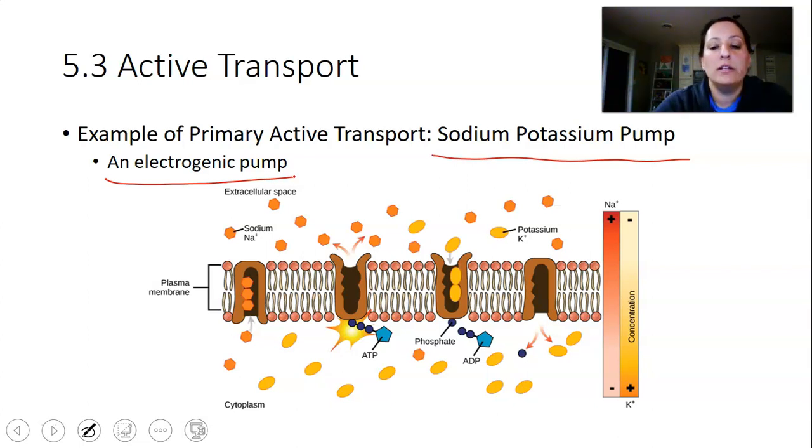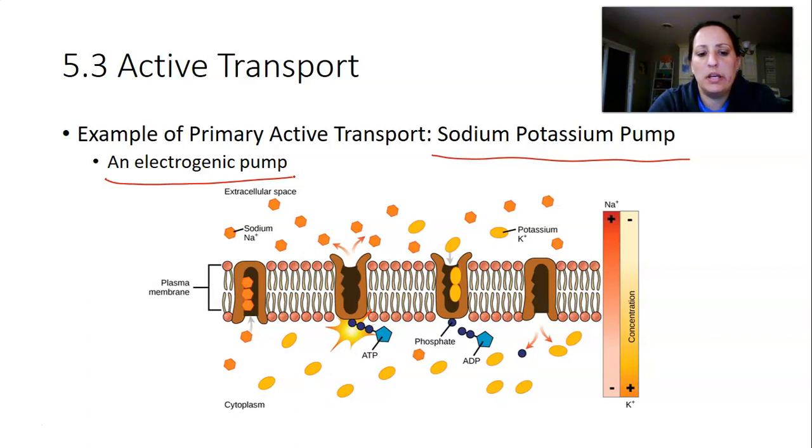Okay, it's going to transport sodium, which is shown here as orange hexagons, and potassium, which is shown here as yellow ovals. Now, this is going to be an antiporter, meaning it's going to transport the two types of cargo in opposite directions. So this is going to bring sodium out, and it's going to bring potassium into the cell.